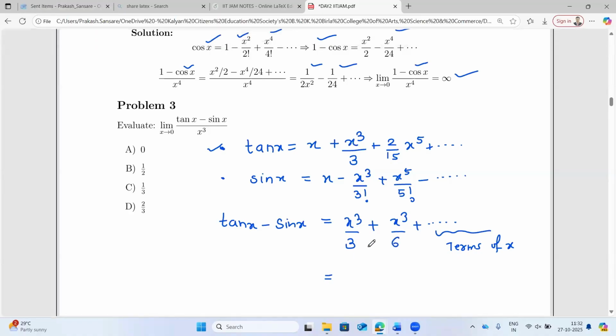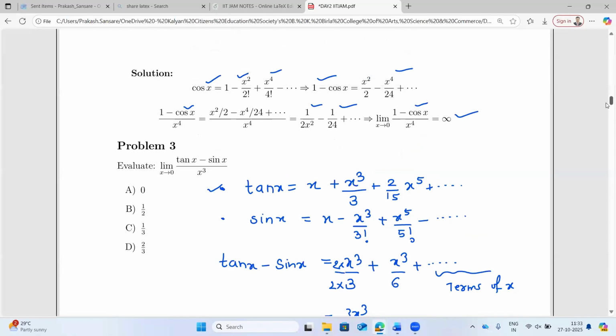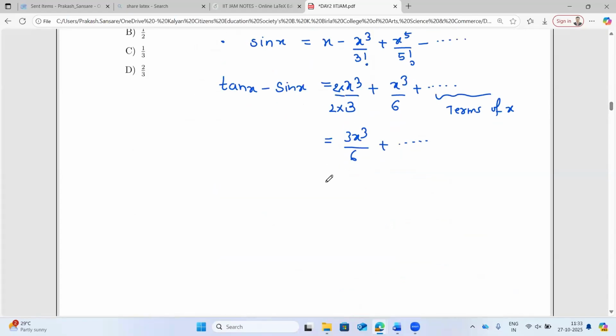So you can multiply 2 here and here. So it is 3 times x cube upon 6 plus here the terms of x. And this is basically 1 by 2 x cube.